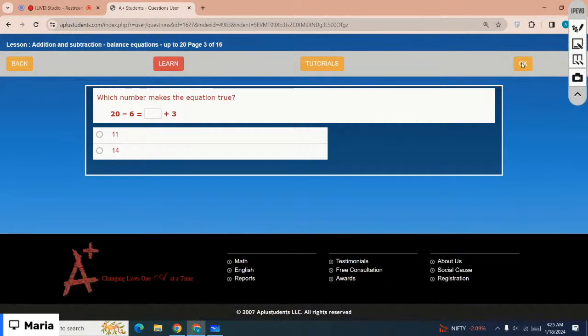Yes, that is 11, because 11 plus 3 makes 14. You need to keep it balanced, right? For 20 minus 6 is 14. So you have to put a number over here that when added to 3 makes 14. So that is 11 plus 3. Got it?